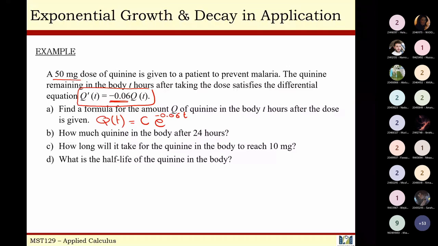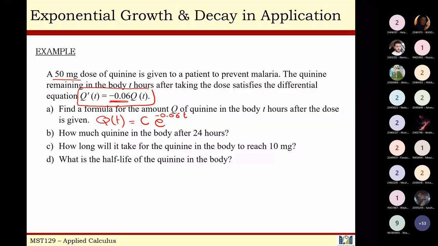Now the differential equation q prime equal minus 0.06 q. When we solve this differential equation, we have q equal C e to the power minus 0.06 t. But the C, this is the initial value. Initial value for what? For the medicine, or for the dose.